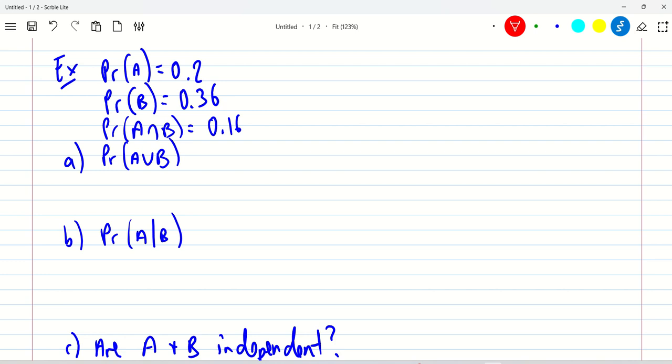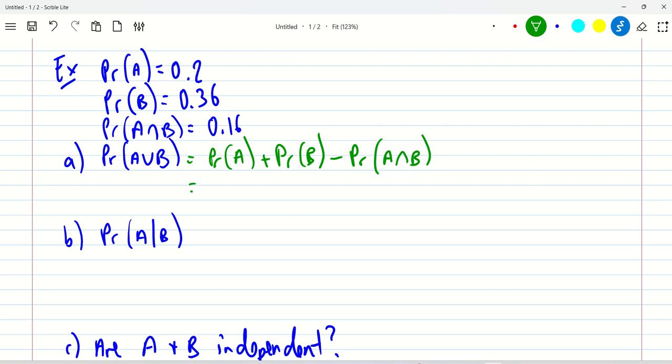So find the probability of A union B. Remember, that's equal to the probability of A plus the probability of B. But when we add those two together, we have already counted the intersection twice, so we need to subtract the intersection of A and B. That's 0.2 plus 0.36 minus 0.16.